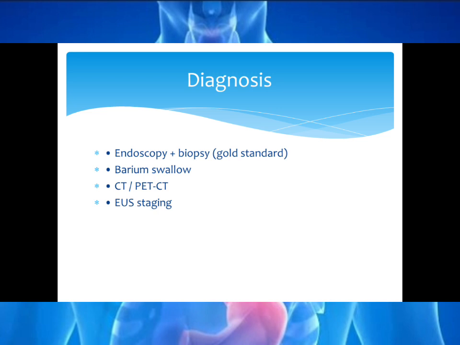Endoscopic ultrasonography, EUS, is best for local T and N staging, depth of invasion and lymph nodes when planning curative therapy. The fourth one is cross-sectional imaging, CT chest, abdomen, plus or minus pelvis, to assess regional spread and distant metastasis.